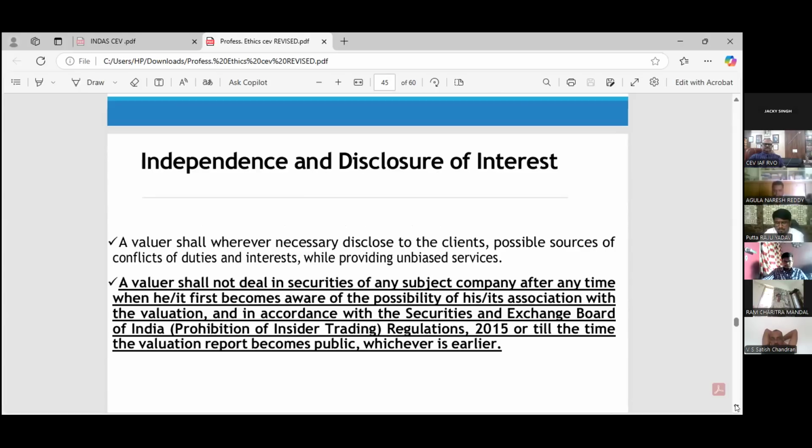A valuer shall not deal in the securities of any subject company at any time when he or it first becomes aware of the possibility of his or its association with the valuation, in accordance with the provisions of insider trading regulations, or till the time the valuation report becomes public. Many of you are holding shares of some company. In that case, you can't take the assignment of that company. Either you hold the share or you take the assignment of the valuation report.